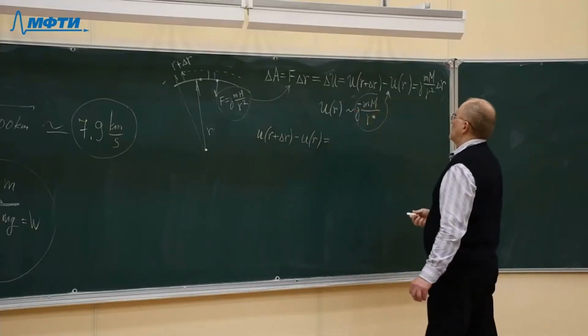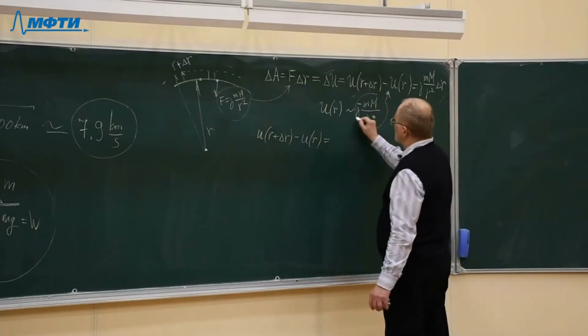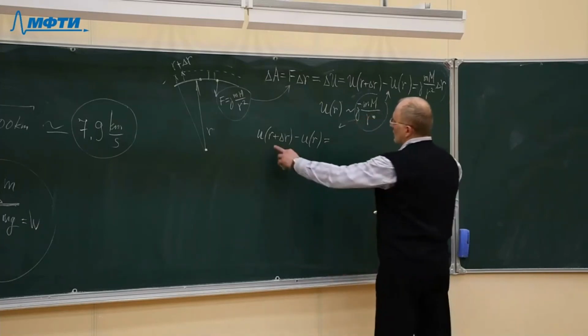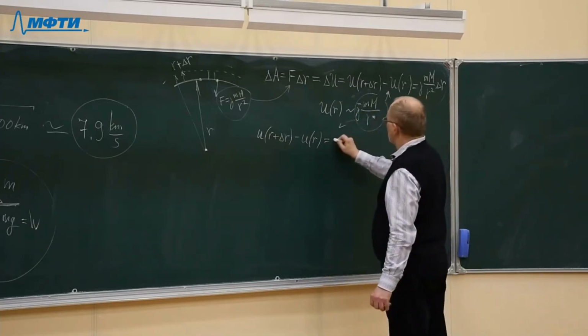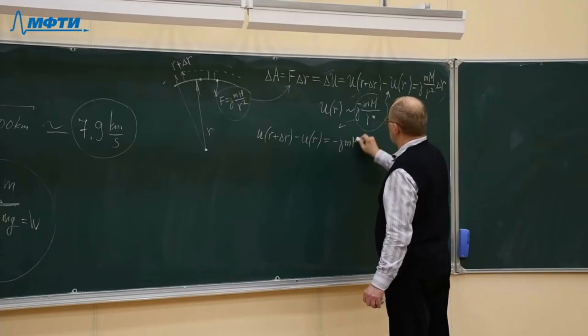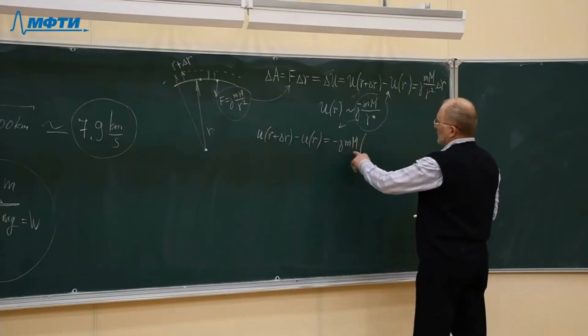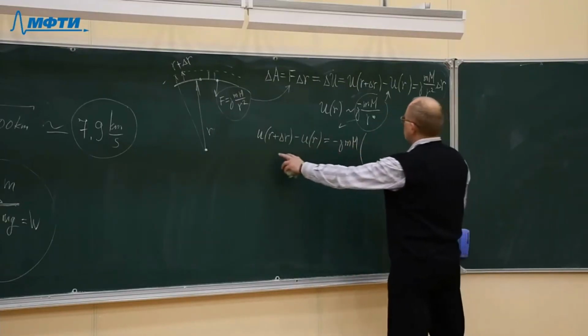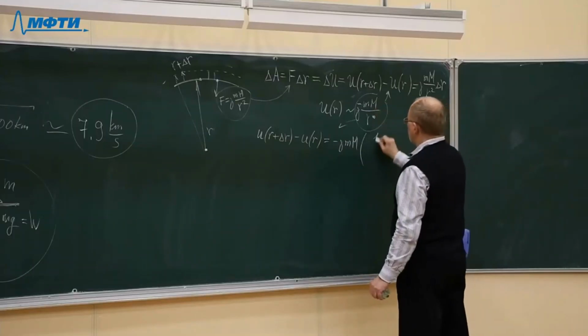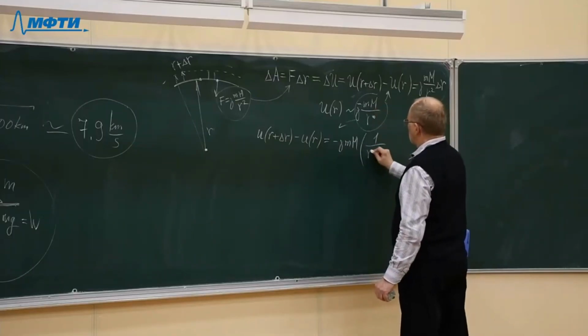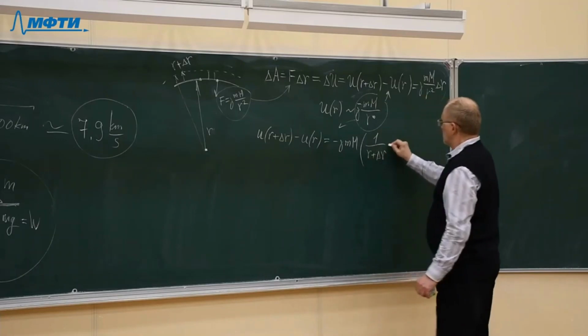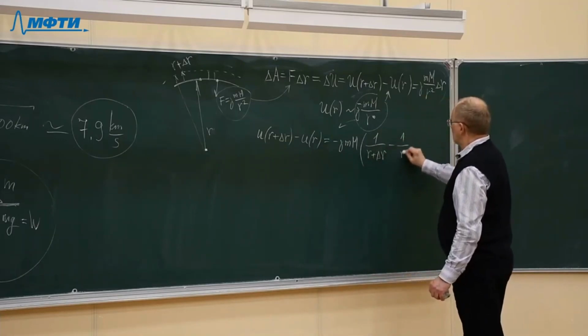So we substitute this expression into this formula, and we obtain minus gamma m capital M, which can be taken out of the round brackets, and what remains here is 1 over r plus delta r minus 1 over r.